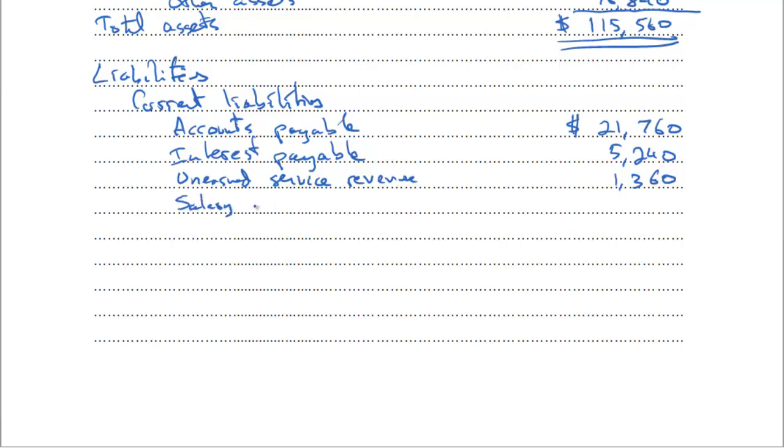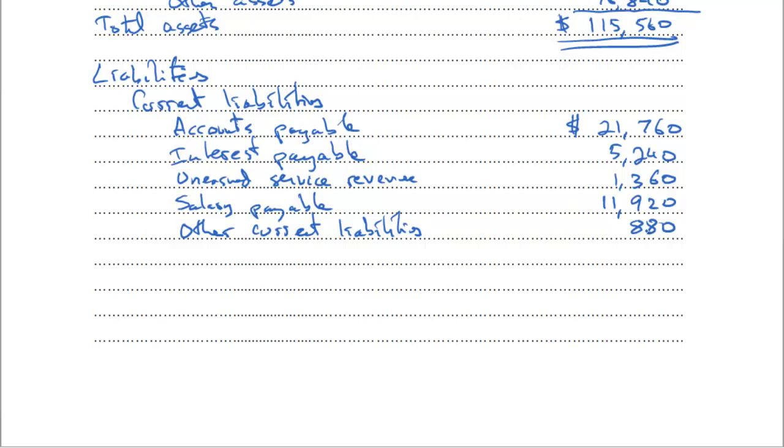Get that dropped in there as well. 11,920. And then they've got this one other account, other current liabilities. Don't know what that is, but we'll just stick it at the end. Other current liabilities, 880.